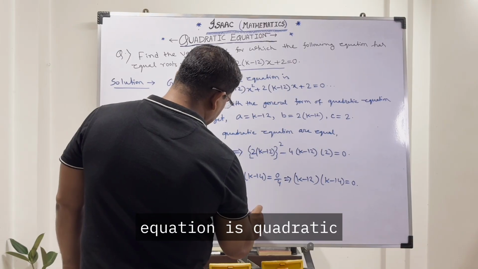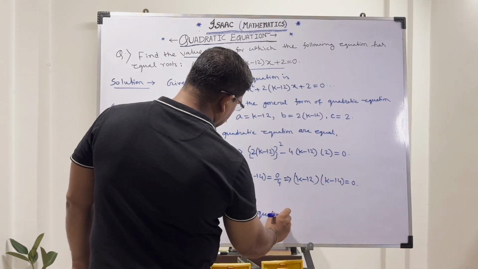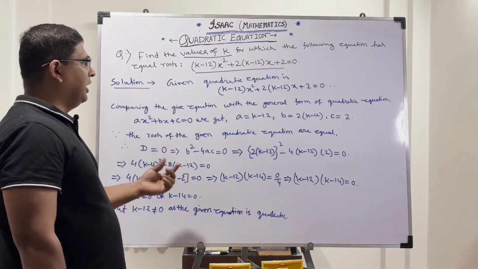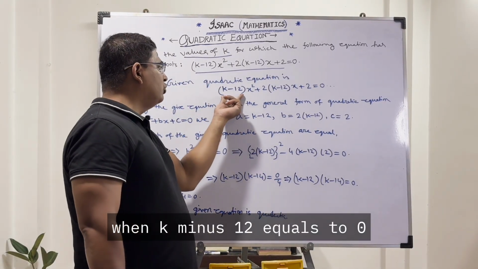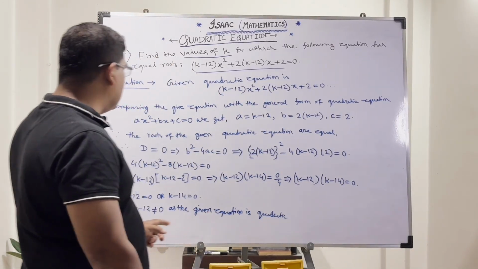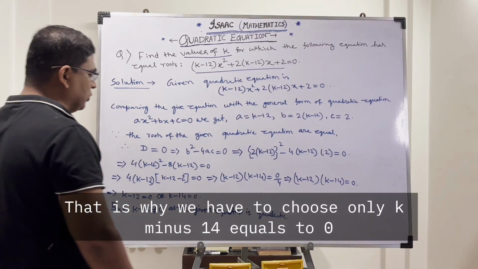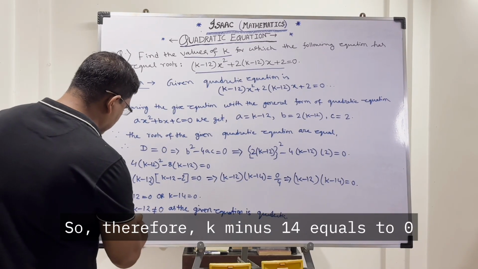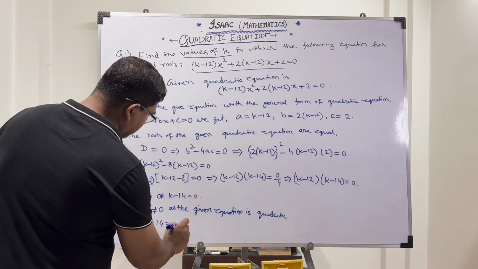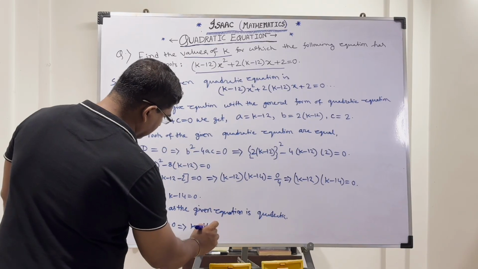When k minus 12 equals 0, this will not be a quadratic equation. That is why we have to choose only k minus 14 equals 0. Therefore k minus 14 equals 0 implies k equals 14.